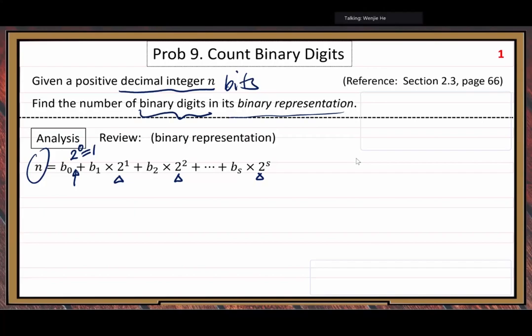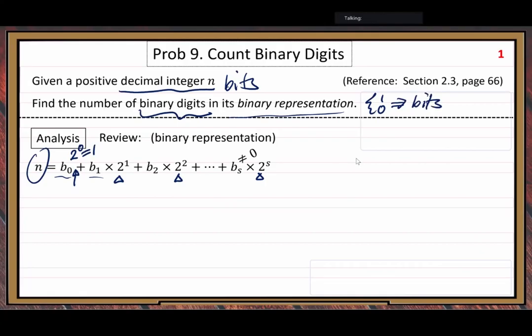The coefficients B0, B1, B2, B3, all those coefficients, only take the value 0 or 1, right? All the coefficients are bits. Bits we know, 0 or 1, only two values.